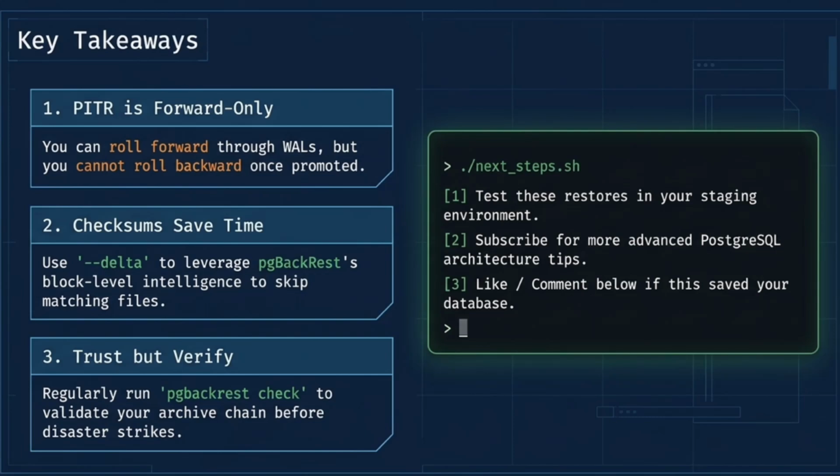So overall, the key takeaway from this video is: what is the purpose of delta, how PITR works, how the WAL replay is working, and how to verify your existing database backups.